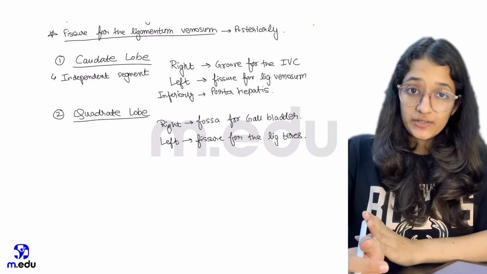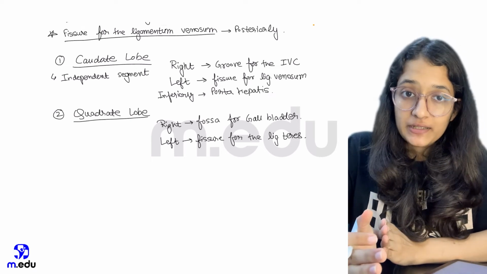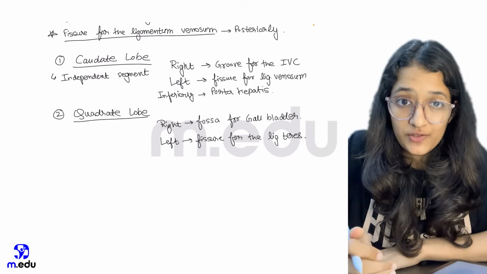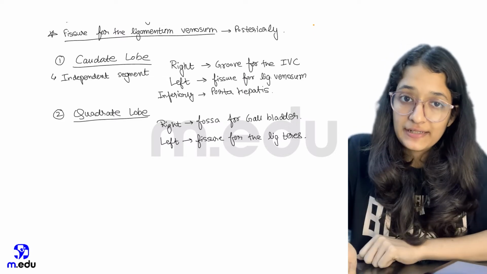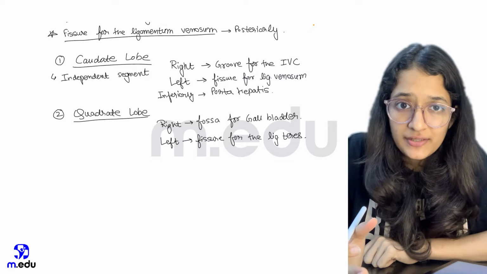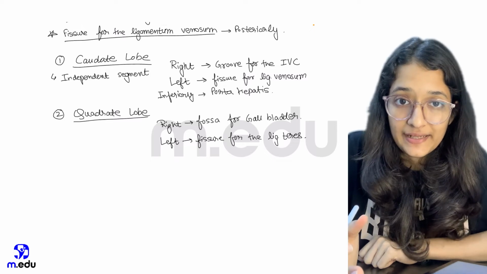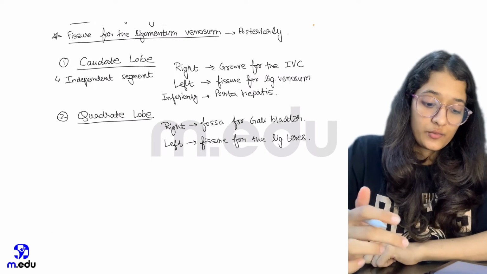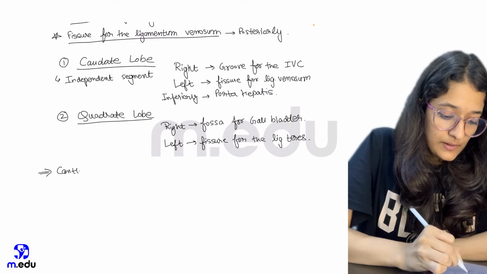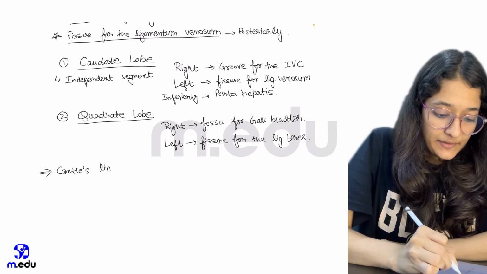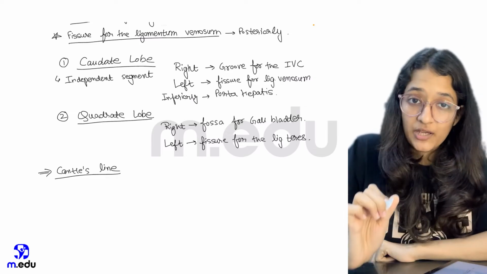So, these were the lobes of the liver anatomically, but the liver is also divided into functional right and functional left lobes by an imaginary line called the Cantlie line. This is the Cantlie line, which is an imaginary line.